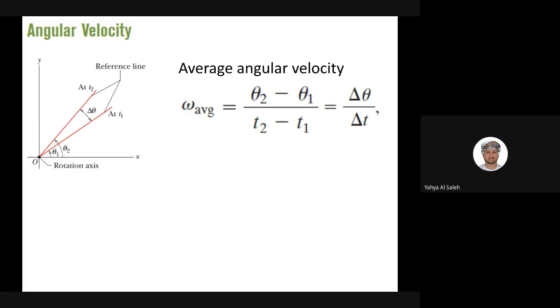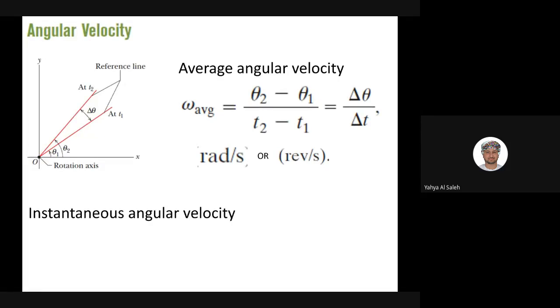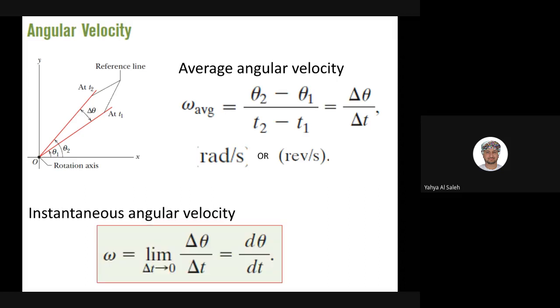So x becomes theta, v becomes omega, and the average angular velocity is delta theta over delta t, in radians per second or revolutions per second. What would the instantaneous angular velocity be? The instantaneous would be d theta by dt, just like v was dx by dt.